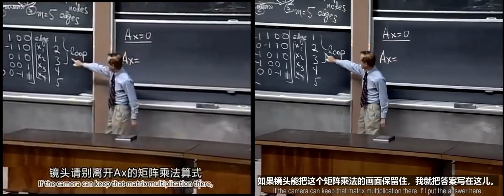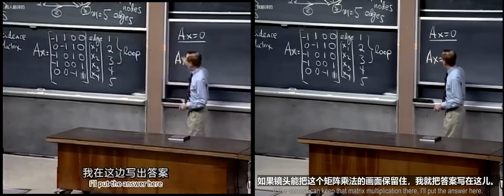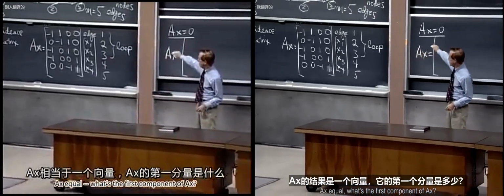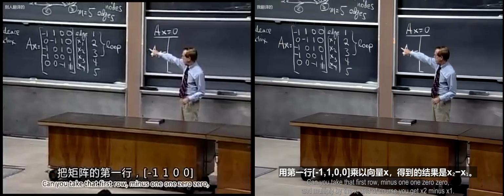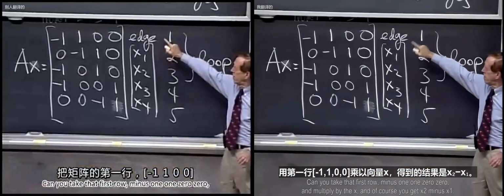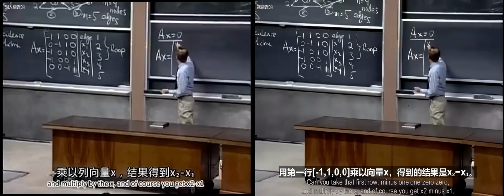If the camera can keep that matrix multiplication there, I'll put the answer here. What's the first component of AX? Take that first row, minus 1, 1, 0, 0, and multiply by the x, and of course you get x2 minus x1.